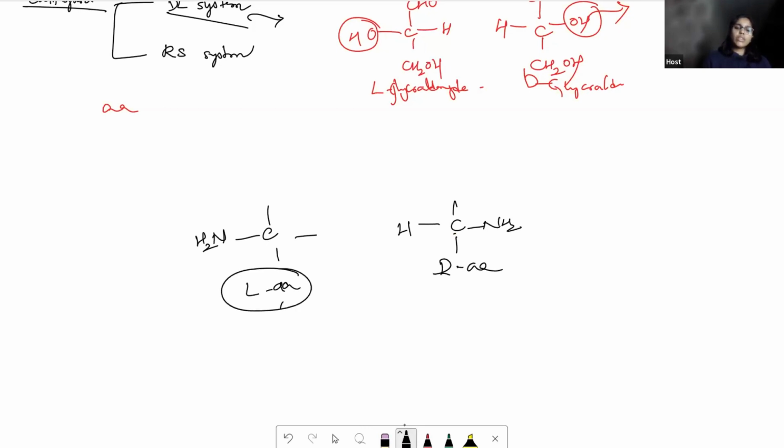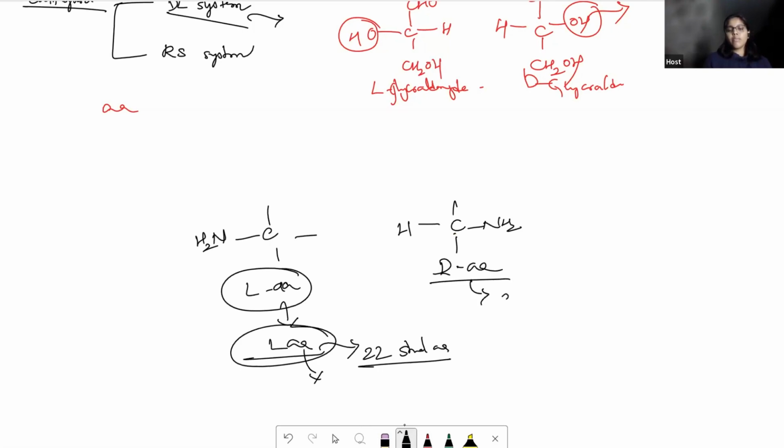Usually in nature, you see L-amino acids. These are most common. The 22 standard amino acids that are ribosomally incorporated are all L-amino acids. The D form you can find in antibiotics and the peptidoglycan cell wall.